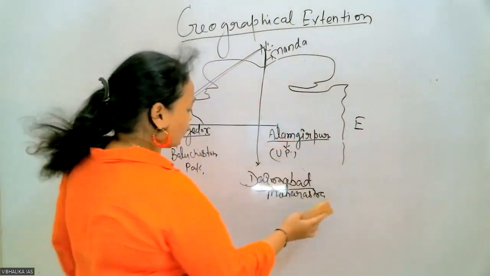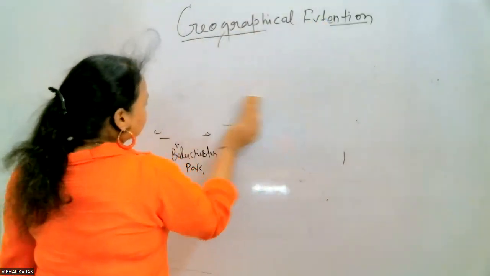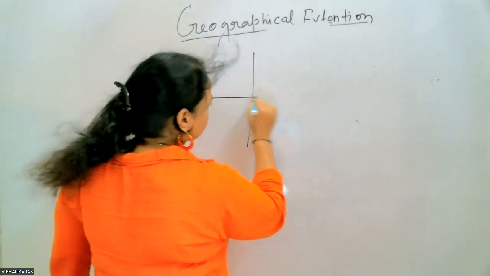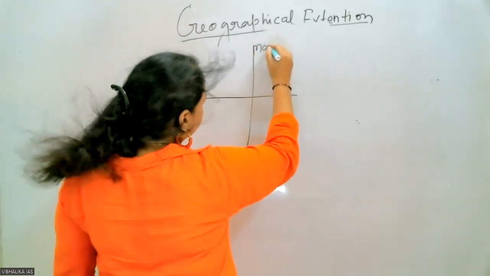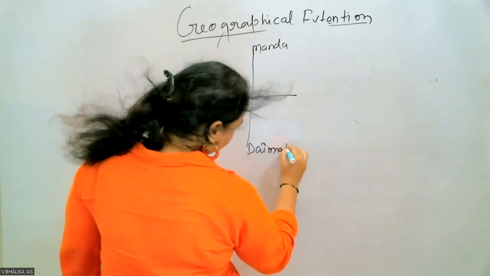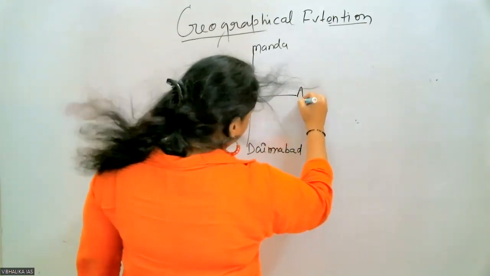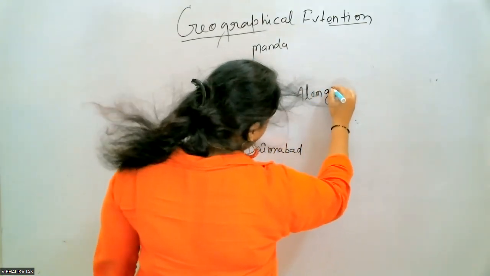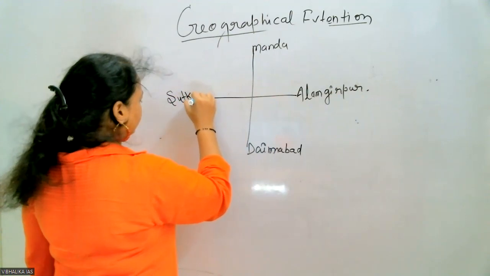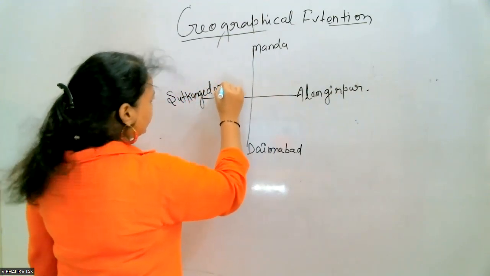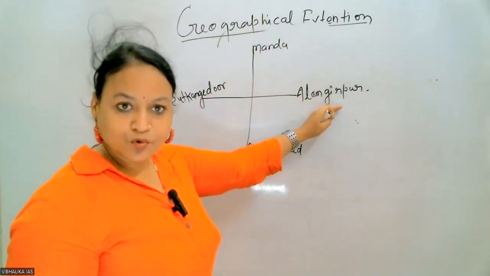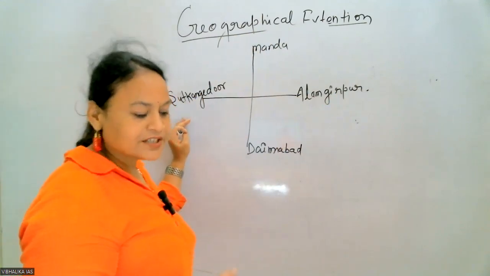So simple and short: Manda, Daimabad, Alamgirpur, and Sutkagen Dor. So students, you can see the northernmost, southernmost, easternmost, as well as westernmost sites of this civilization.